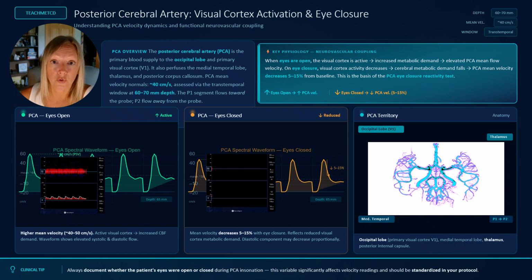In turn, the visual cortex is located in the occipital lobe. So when a patient has their eyes open, the mean velocity will be higher in the posterior cerebral artery. If you need a way to identify you are accurately in the PCA or posterior cerebral artery, have the patient open and close their eyes and see the decrease in the mean velocity with their eyes closed.